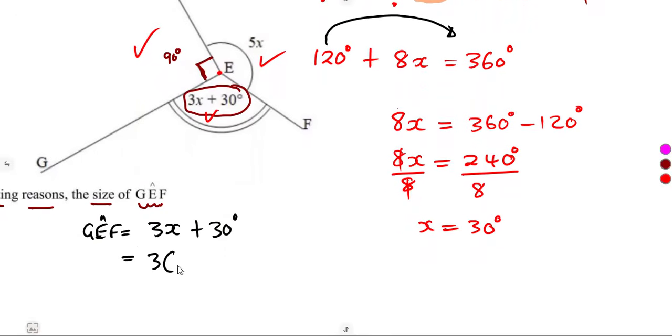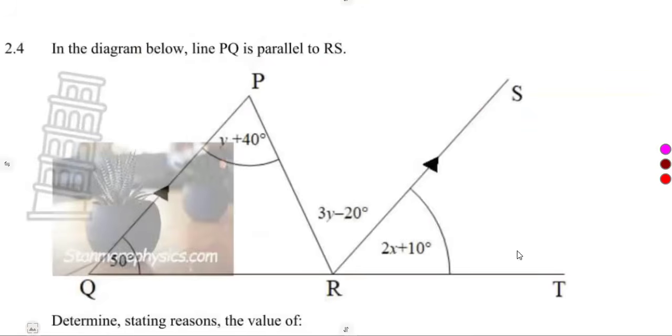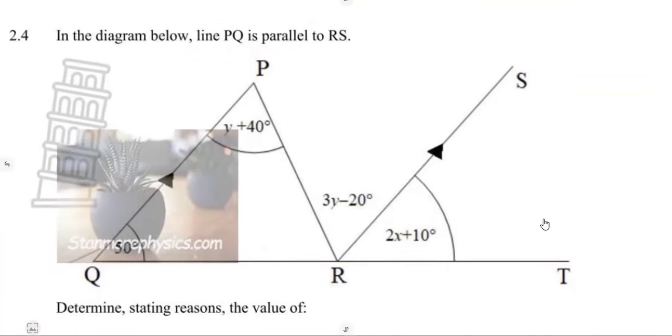So that's 3 times our x value, which is 30 degrees. Whatever we are going to obtain, we must add the 30 as it is given there. So 3 times 30, that is going to be 90 degrees. Then 90 plus 30, which is 120. So that is going to give us 120 degrees at the end. So these are the questions, guys. Know your equations. Also revise your grade 8 equations, those algebraic expressions, and so on.